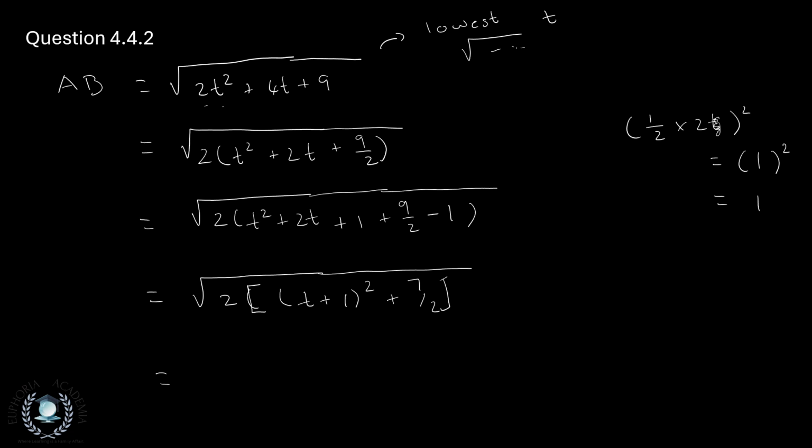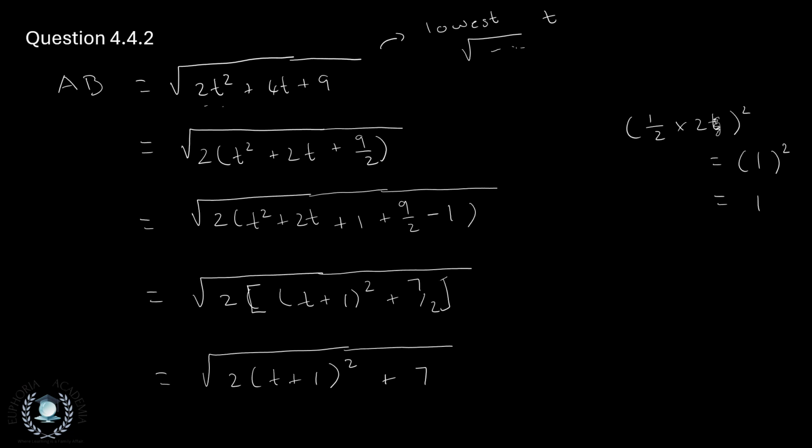When you multiply in the 2, we're going to see that we have 2 multiplied by t plus 1, all of that squared, plus 7. Now, we need to find the lowest value of this square root. If this bracket becomes 0, it's going to be 2 times 0, which is 0, and we're going to be left with 7.